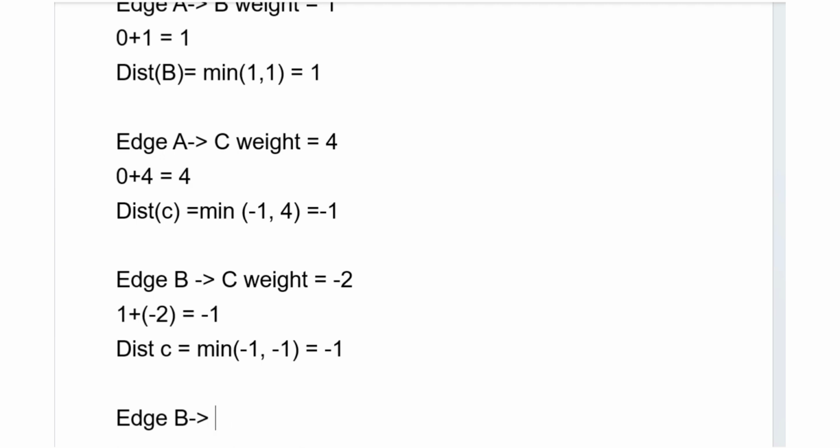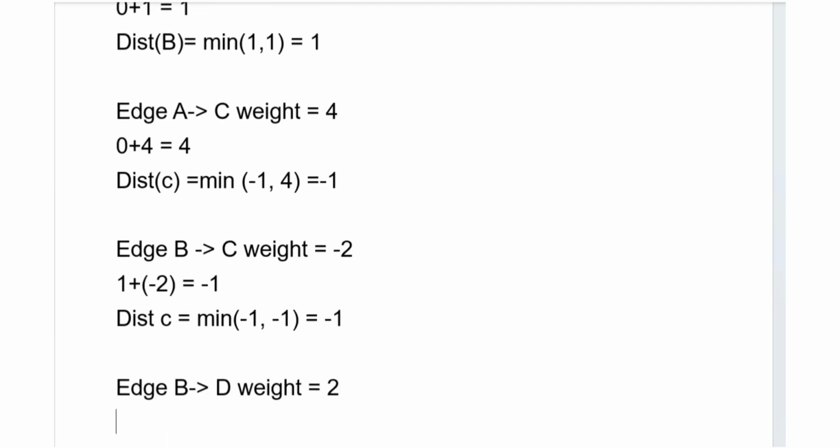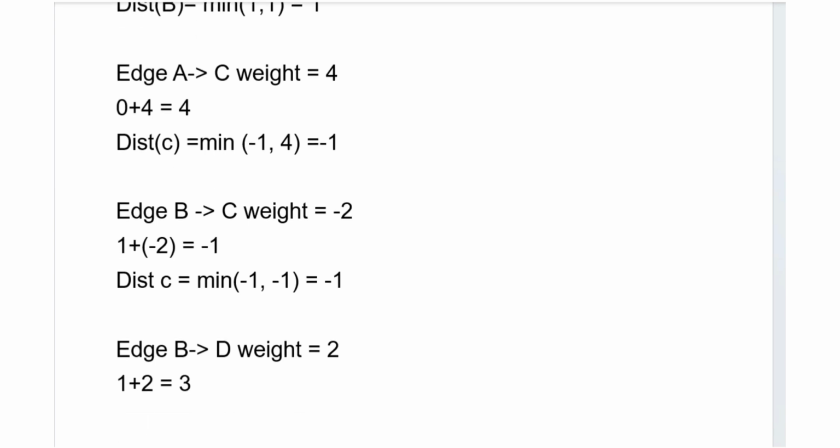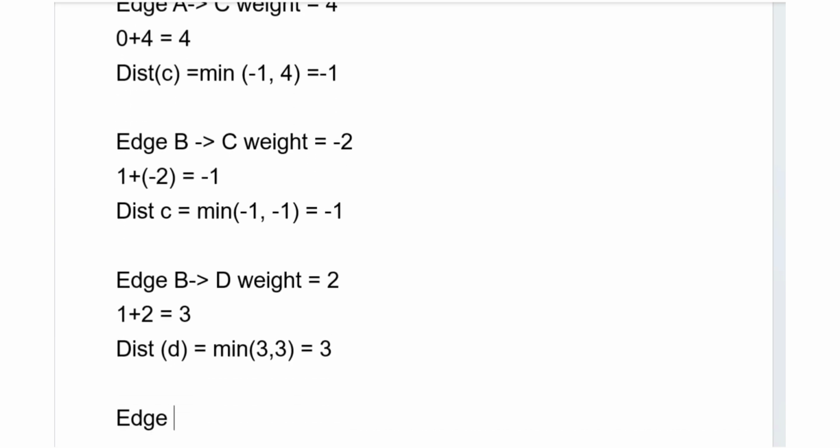We need to calculate the minimum distance. Minimum of minus 1 comma minus 1 is equal to minus 1. No update because the distance to C remains the same. Minus 1 is still the minimum.